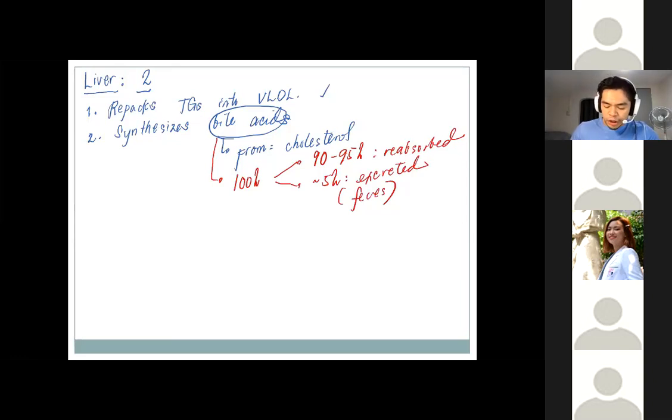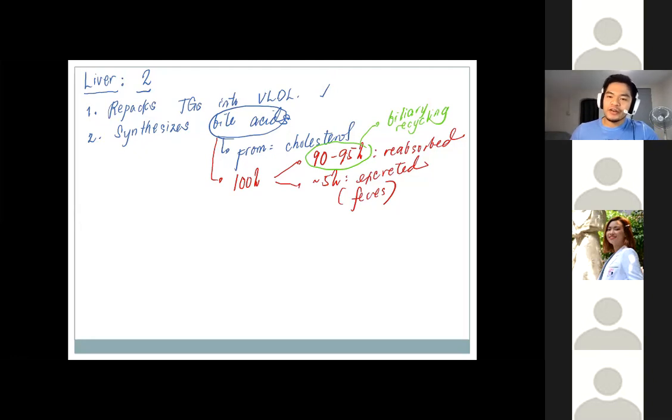And focusing on 90 to 95% reabsorption, the mechanism of reabsorption is called biliary recycling. Familiar na kayo dito? Tama ba ako? Or nakalimutan na? Familiar? Honest to goodness, nare-recall ang biliary recycling? Okay, that's good.